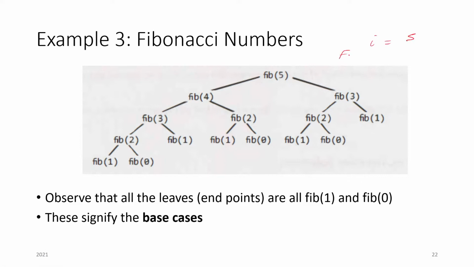And we know that f of n is equal to f of n minus 1 plus f of n minus 2. So when we have 5 here, that means f of 5 is equal to f of 4 plus f of 3.